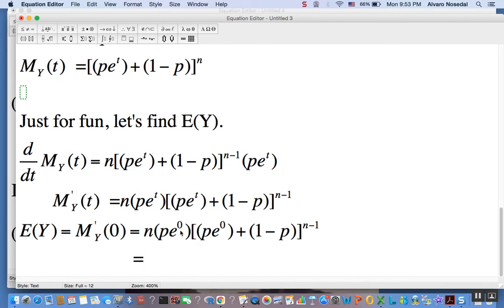Just to be explicit, e to the power of 0 is just 1. And then we are going to have p plus 1 minus p. Then we have 1 to the power n minus 1, so that's just a 1. And then we have p times n, or n times p, right? And we know that is the right answer. So it seems that we found the right expression. Okay?